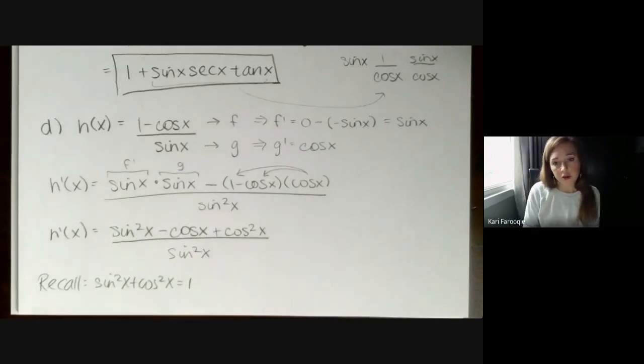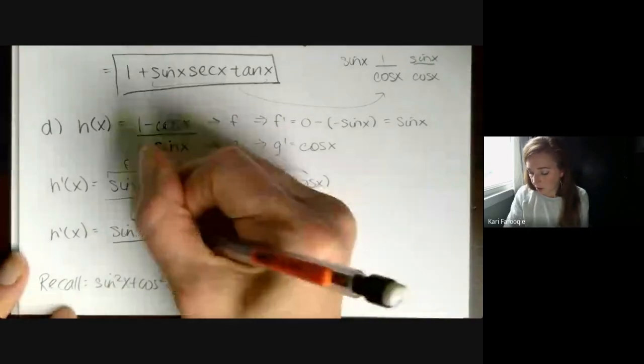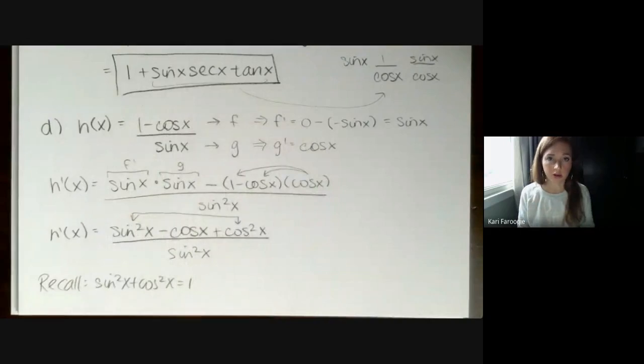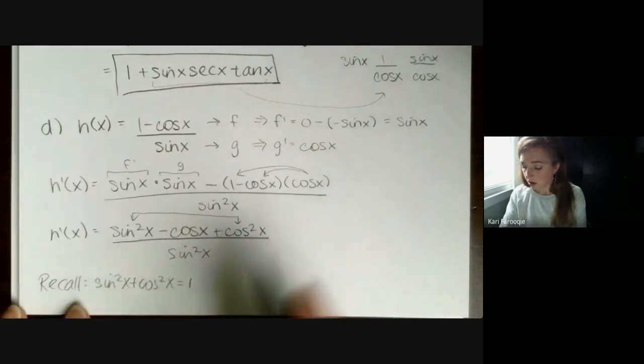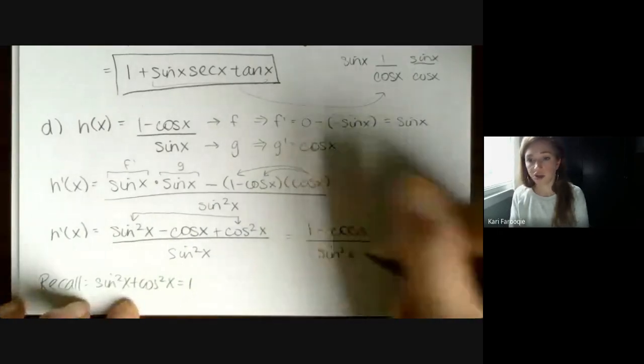If there's something very obvious in your answer, like sine squared x plus cosine squared x, and you can simplify that, you should do so. Again, what I think should be obvious might not be what you find obvious. But a sine squared x plus cosine squared x, that should be something that's jumping out at you as, this can be really simplified. If those two terms appear, just turn them into a 1. The minus cosine x stays right where it is, and the denominator is unchanged.